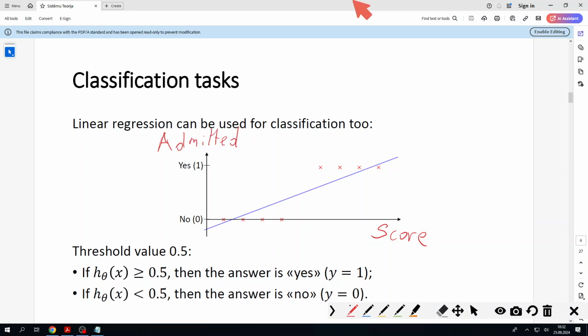So as you can see, we can basically find the linear function again by trying to minimize the cost so that it is optimal for all of these points. This won't be too good of a solution, maybe some others, because we have to consider now how are we going to say if it is yes or no from this line.